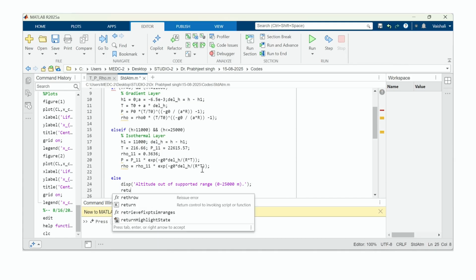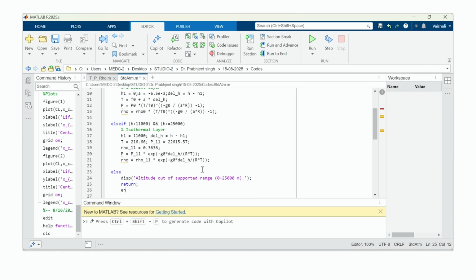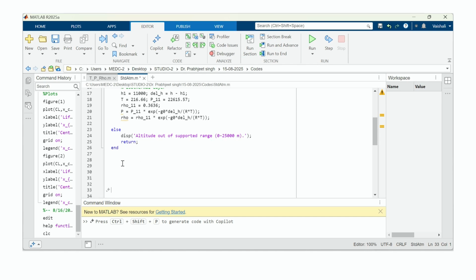Then return. And finally we end the statement.